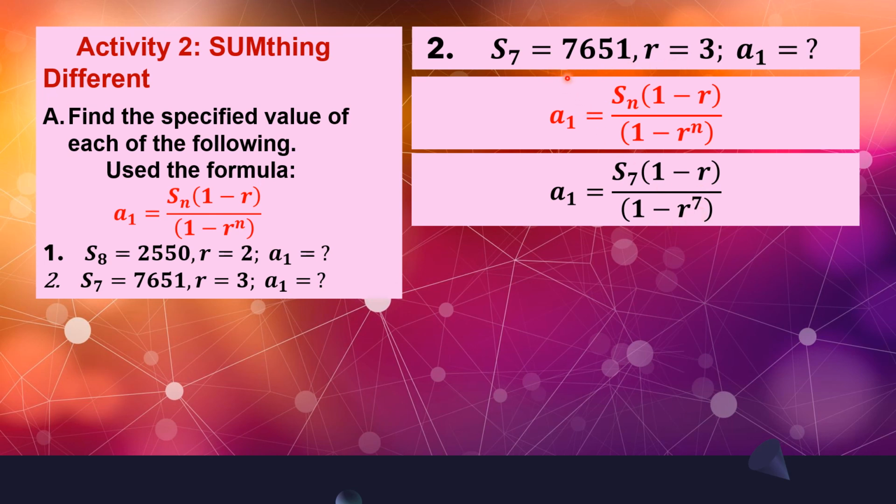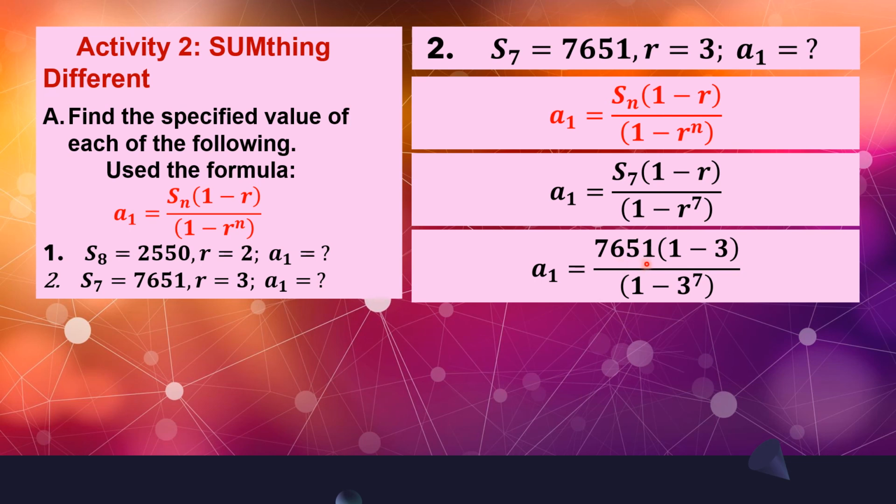Substituting now the given to the formula, we have S sub 7 is 7,651 times the quantity 1 minus our r is 3 all over 1 minus our r is 3 raised to 7.